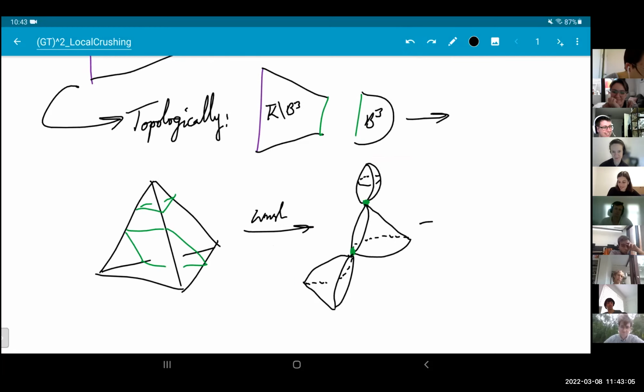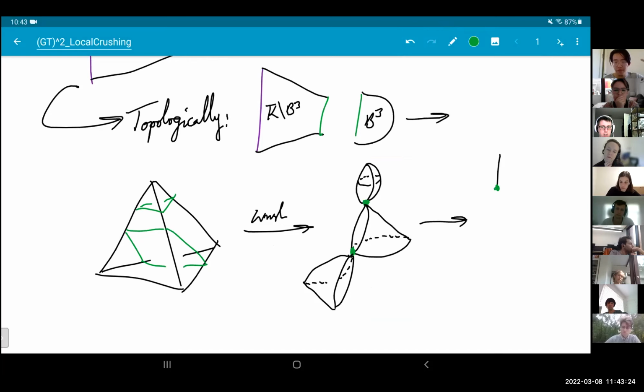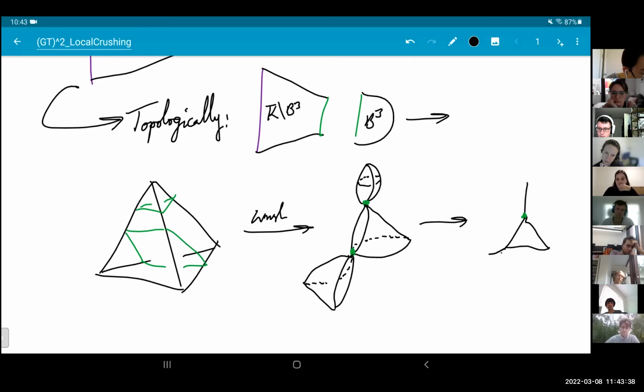So what we do to recover a triangulation is we turn all the non-tetrahedron pieces into something that could appear in a triangulation. Basically, this little football, rugby ball looking thing, that goes down to an edge. These little fat triangles, we just turn into triangles. We get two triangles here.